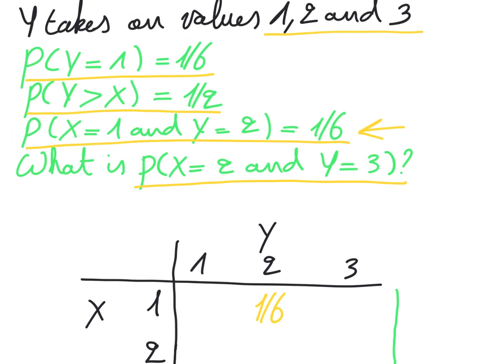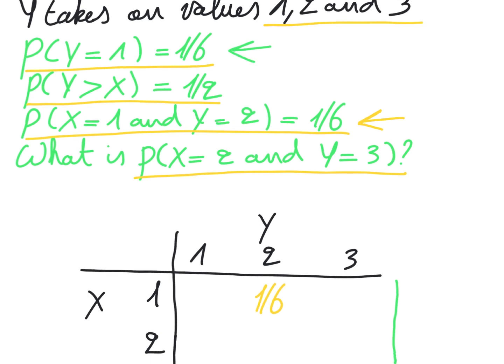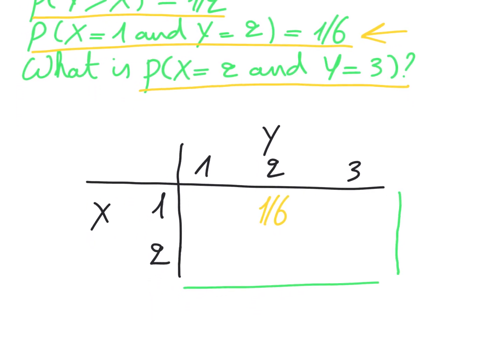We know that the probability that y is equal to 1 is 1 over 6. Let's write that down over here. So here we will write the probability that y is equal to 2. Here the probability that y is equal to 3. This position will contain the probability that x is equal to 1. And here we will write the probability that x is equal to 2.